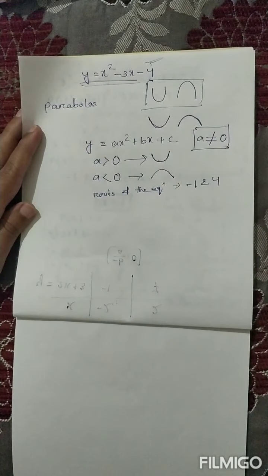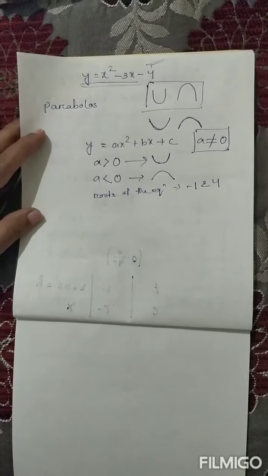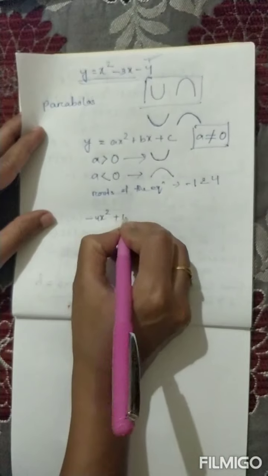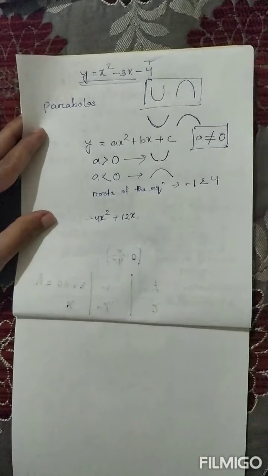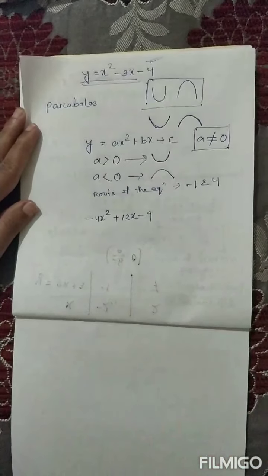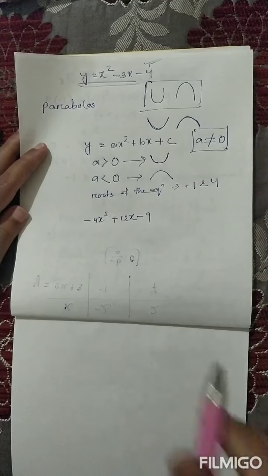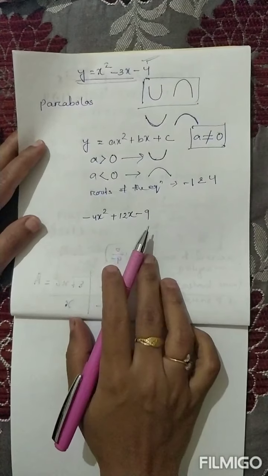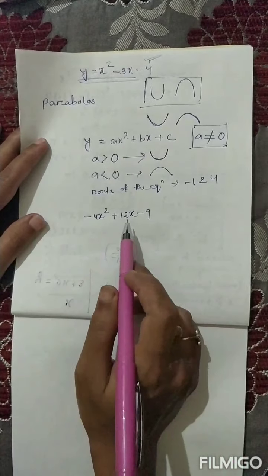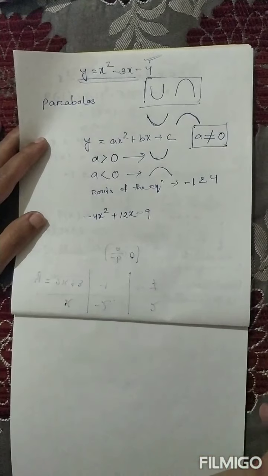I am taking an equation minus 4x square plus 12x minus 9. You can check and find that there is only one zero in this equation. You can put different values of x, and you will find that there is only one zero. You can plot the graph by yourself.